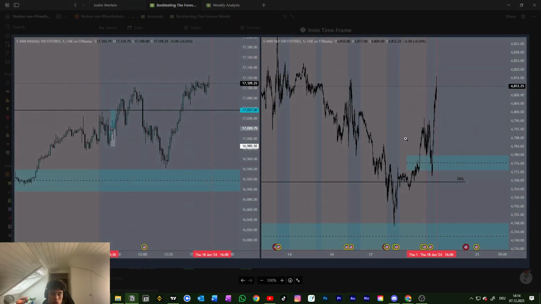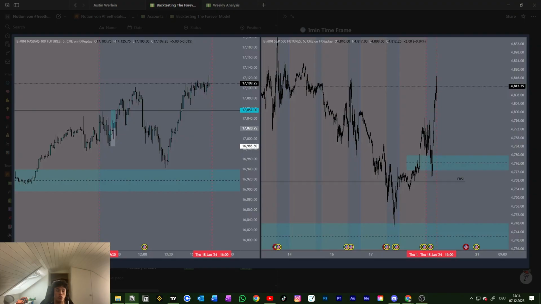I don't know why. This would have been a perfect trade to take, and this really shows me that this new model is better. I realized that the old model that I traded, the TGR model, the 5-minute break of structure and everything, really is the same model, but just less defined. You know less about the market.